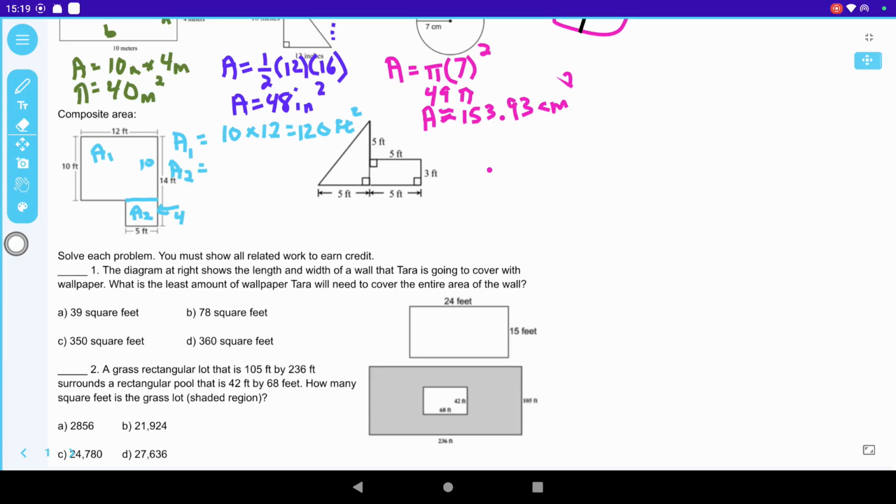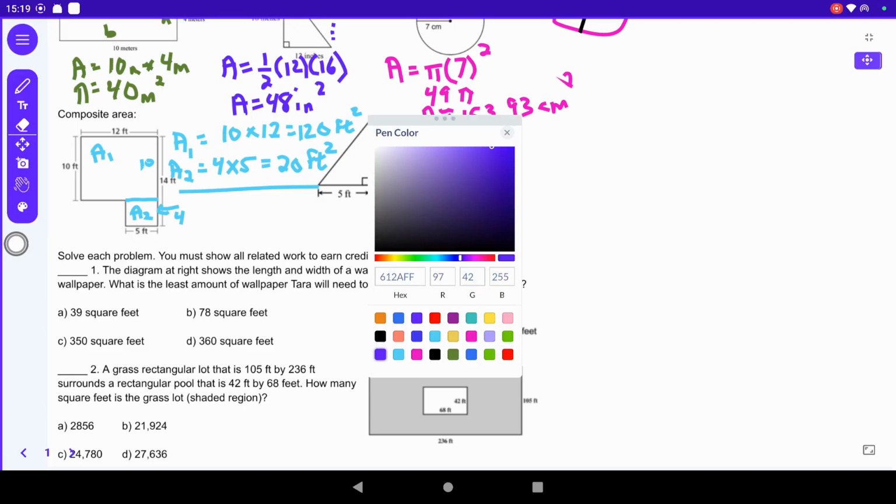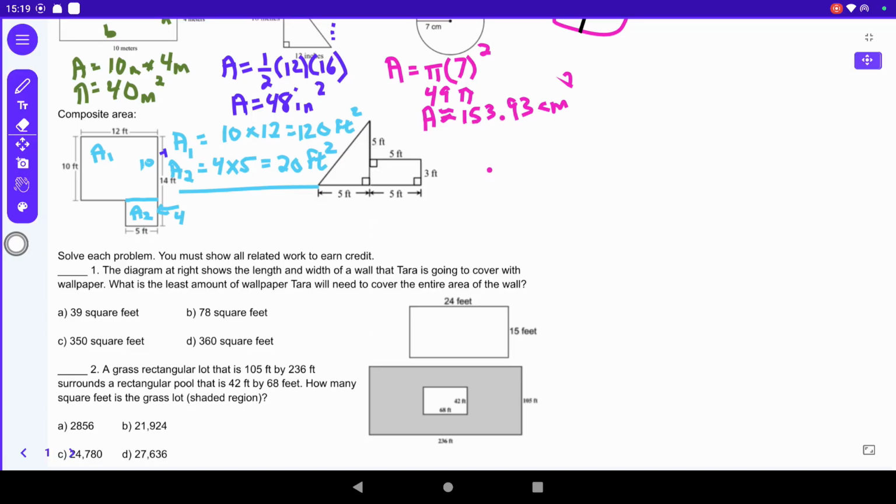Well, this is 4 by 5. So that's going to give us 20 square feet. Now we're going to add these together. And then we get the total area is 140 square feet.